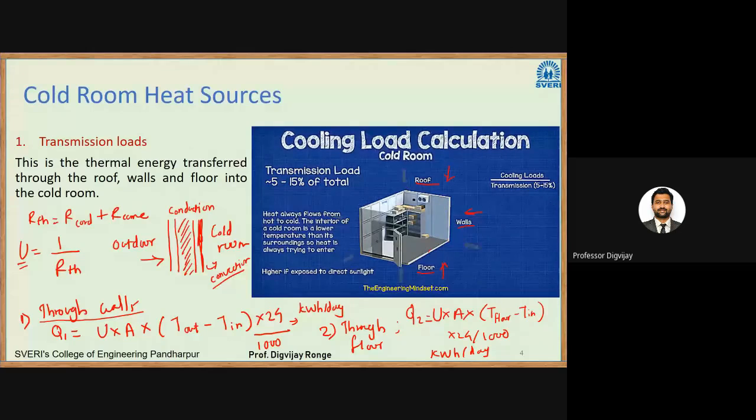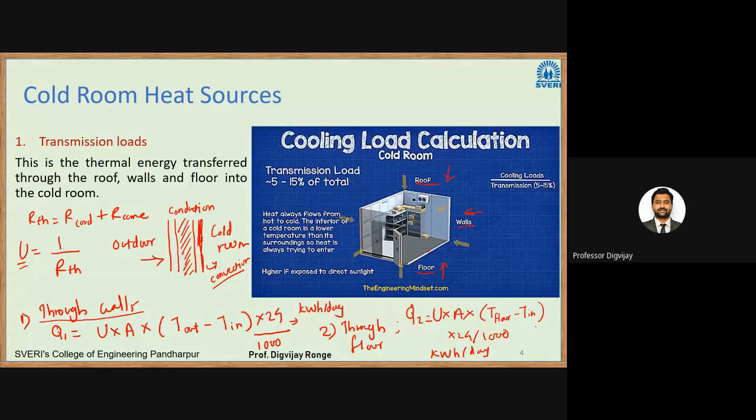Then second is through floor, and there are two cases. This cold room may be situated on the ground, or it may be situated on another cold room. That you have to see here. So through floor, Q2 will be equal to again U into A into delta T. Delta T will be, in this case, temperature of floor minus temperature indoor, again into 24 by 1000, which will give you the value in kilowatt hour per day.